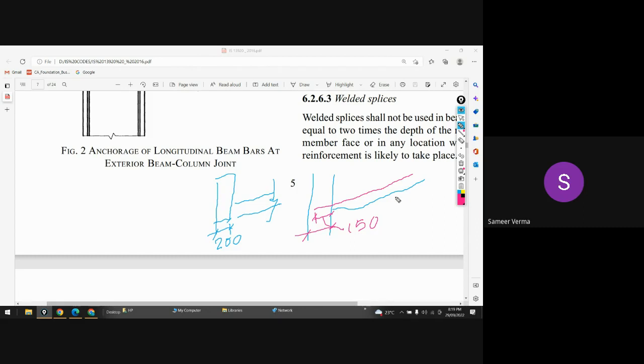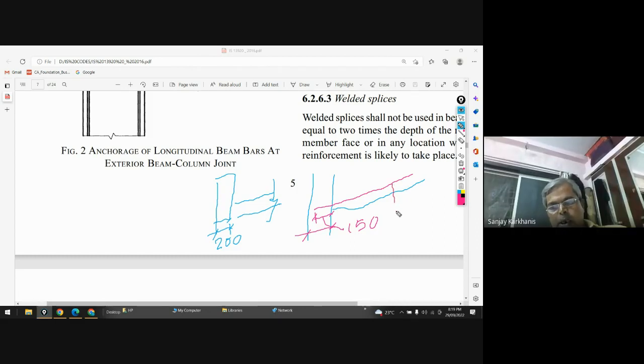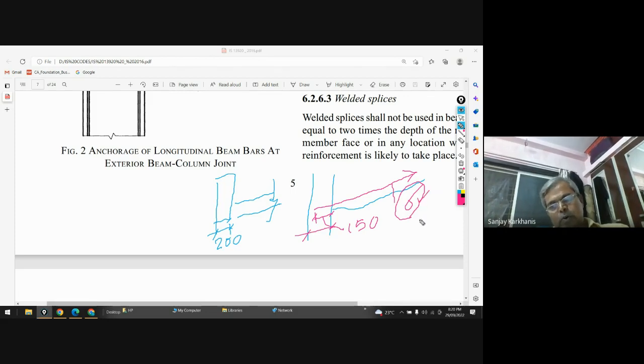Clear, sir. Now if this bar is heavily stressed, that means the sigma tensile stress in this bar is heavily stressed and you are providing only 150, it will definitely have a possibility to get pulled out when the loads are applied and the full tensile stress is developed, because this will depend on external forces.